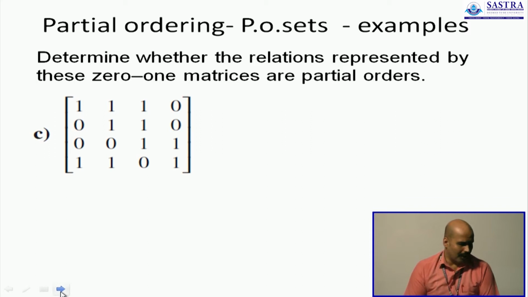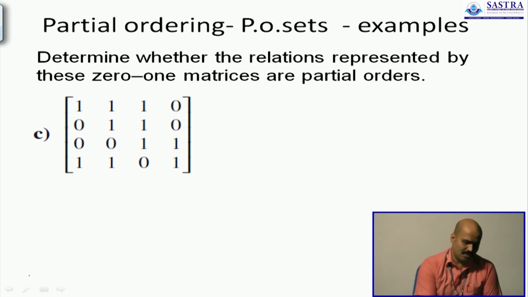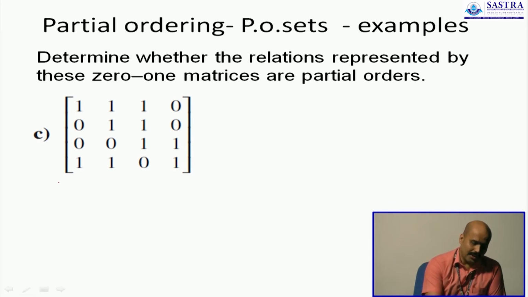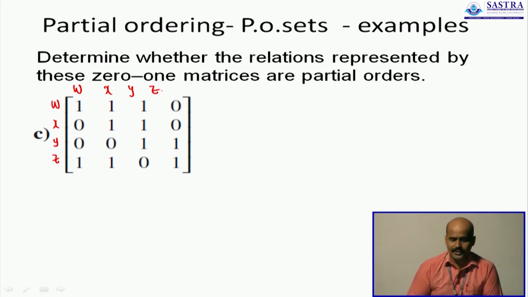We will stop with one last example. We have a 4 by 4 matrix, which means we are considering a set with 4 elements. Let us call the elements W, X, Y and Z, which are the row indices, and W, X, Y and Z as the column indices.